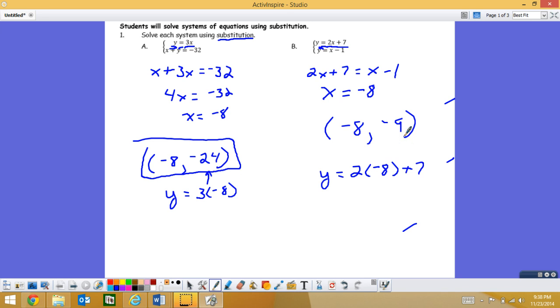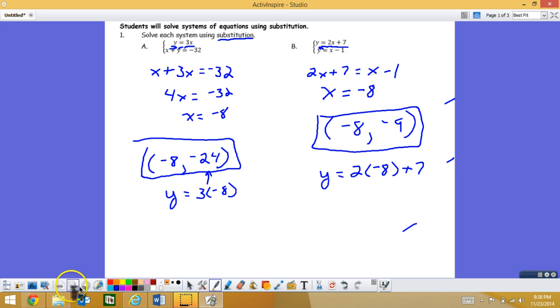Again, you can check this solution. Negative 9 is equal to 2 times negative 8 plus 7. Also, negative 9 is equal to negative 8 minus 1. So that is the solution.